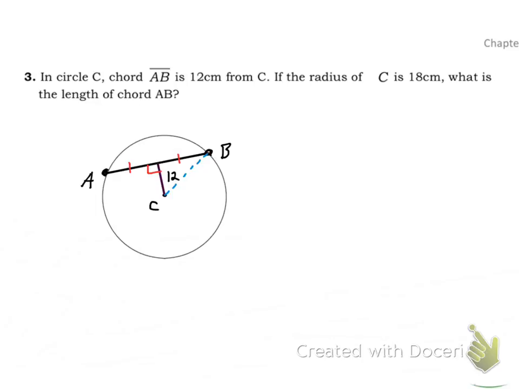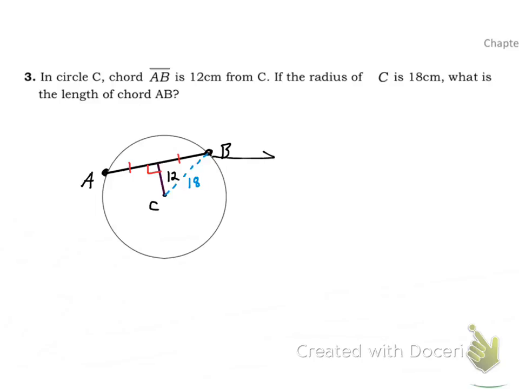And our radius is 18. So just where I drew my radius went from unuseful to a right triangle that I know two sides of. And I need to find AB. Well, if I find this distance, multiply it by 2, I have A to B. So we just created a right triangle.